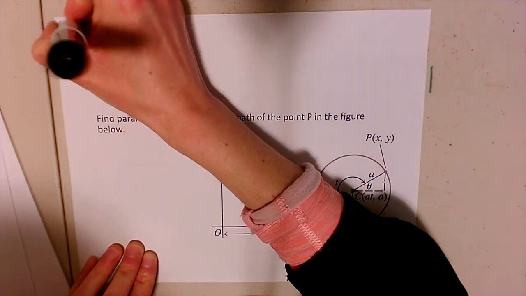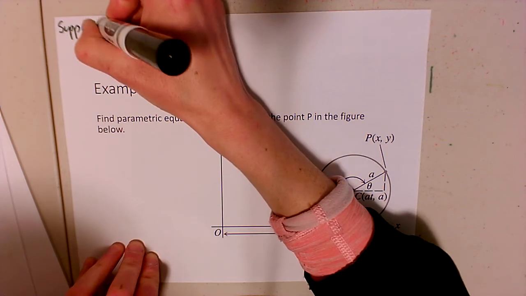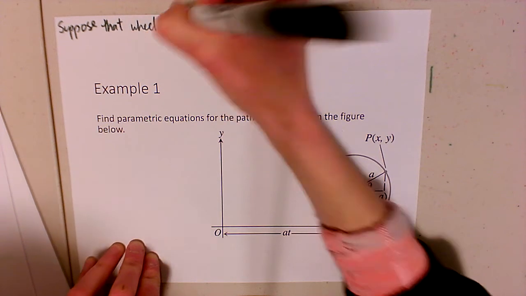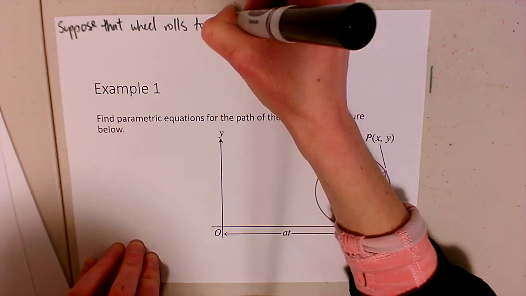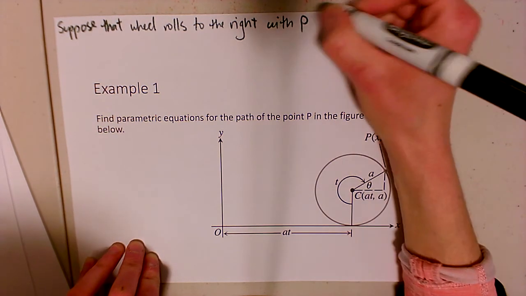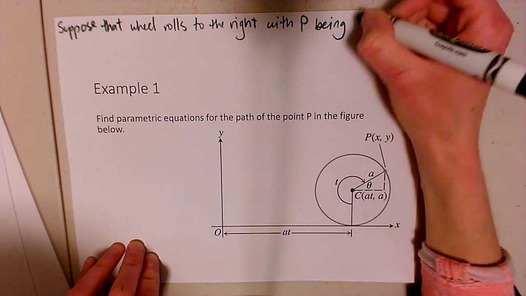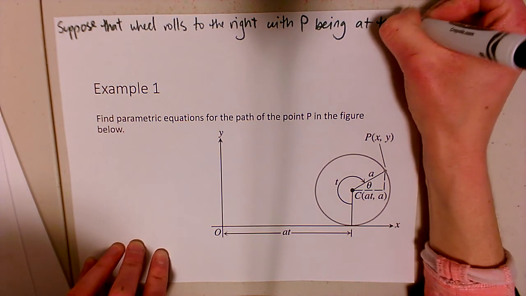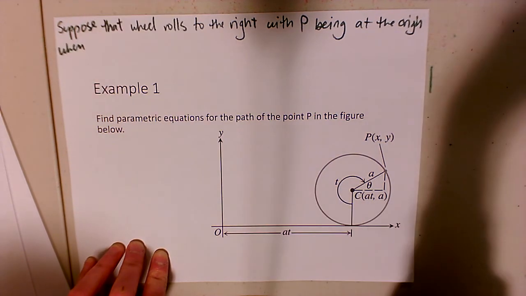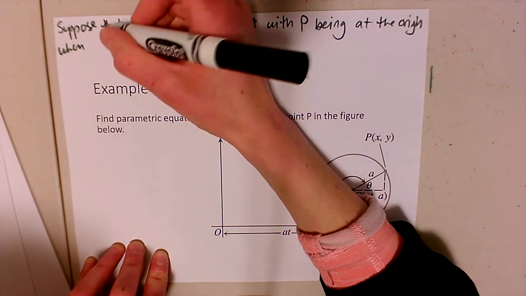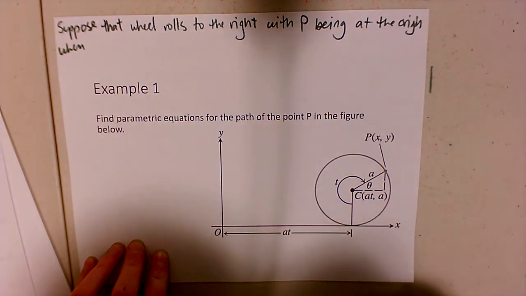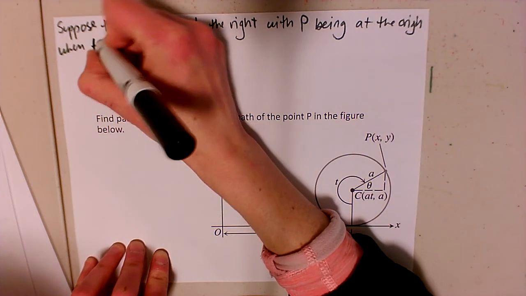Let's suppose that the wheel rolls to the right with our point P being at the origin when, because they have this as theta and t, we'll say when t is 0.